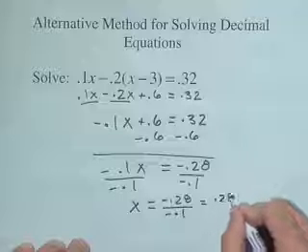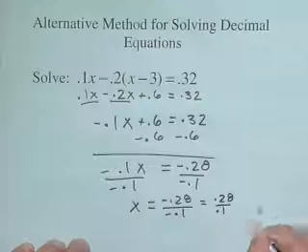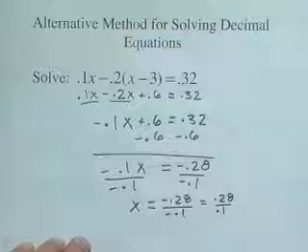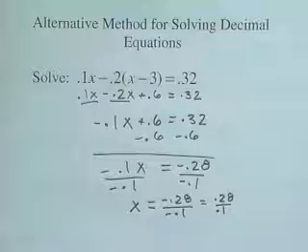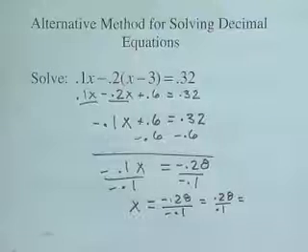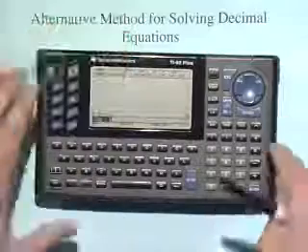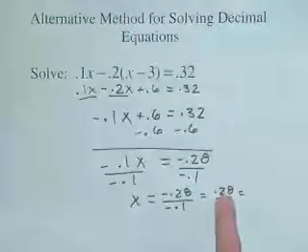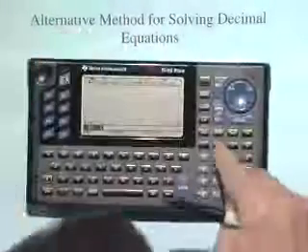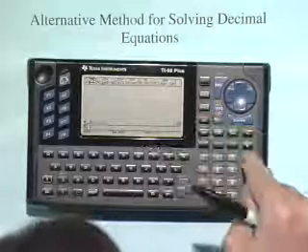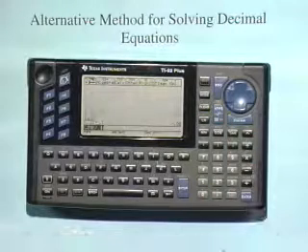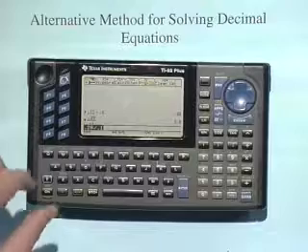So 0.28 over 0.1. Now that's an okay answer. Probably not the answer that is in the back of your book. Okay. What we're going to do is go ahead and take 0.28 divided by 0.1. And the answer is 2.8.